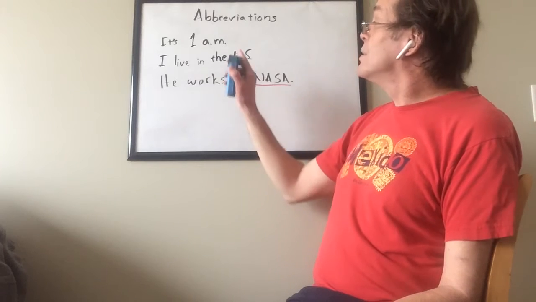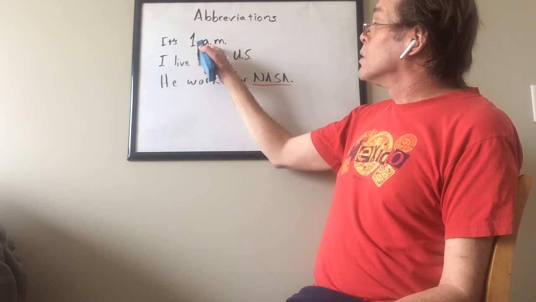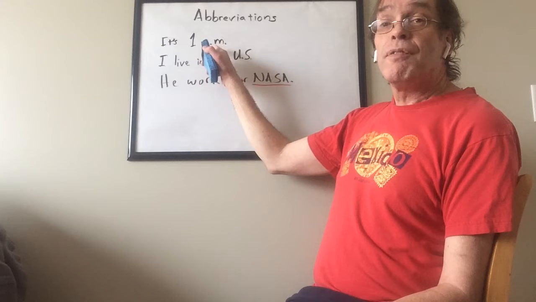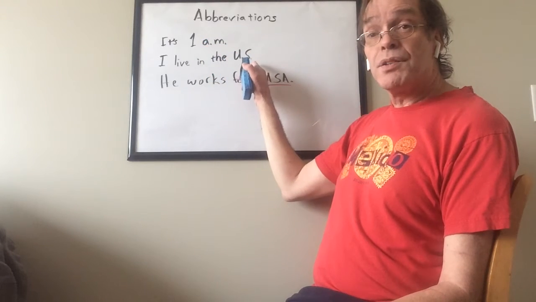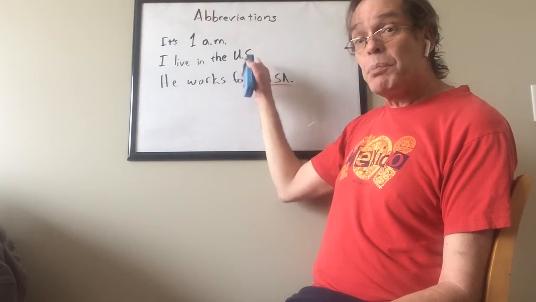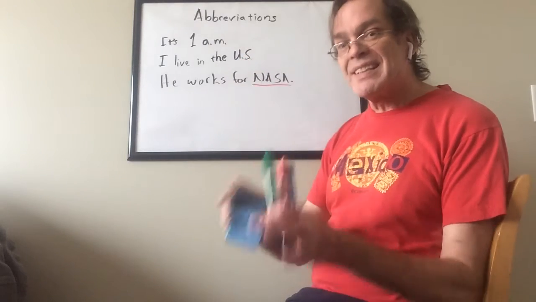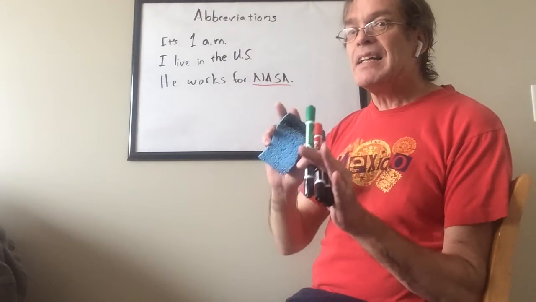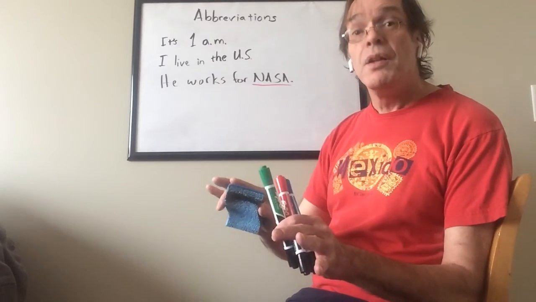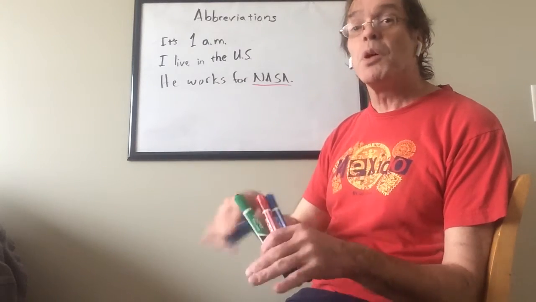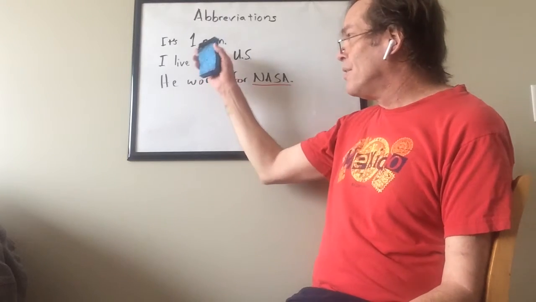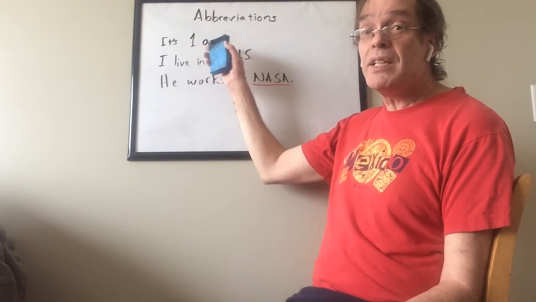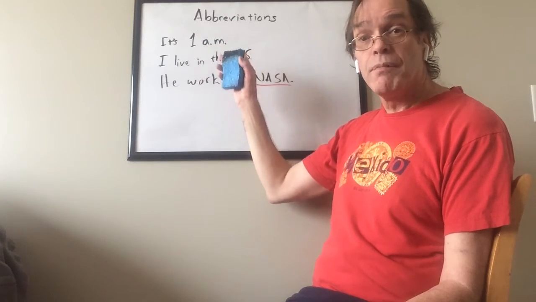Another thing is, you will very often find things like AM or US without the dots after both letters. This is common. It's not entirely correct, but it's very common. So if you come across it, just understand that there's probably supposed to be periods in there.